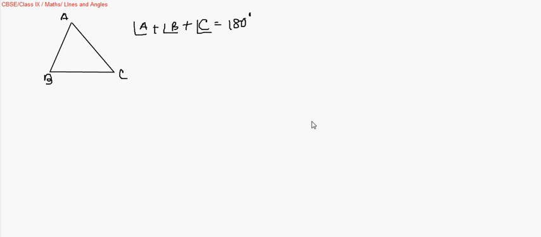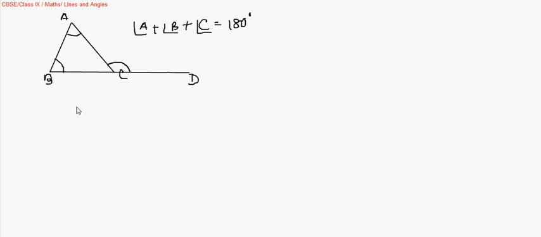This is one theorem, and the second one says that if I draw this triangle, which I have already drawn, that is ABC, and I extend this side, it is produced to, suppose, the point D. Then the exterior angle is formed, which is equal to the sum of the two interior opposite angles.